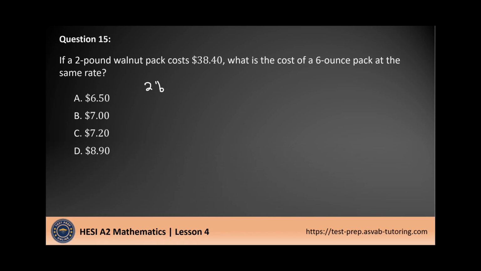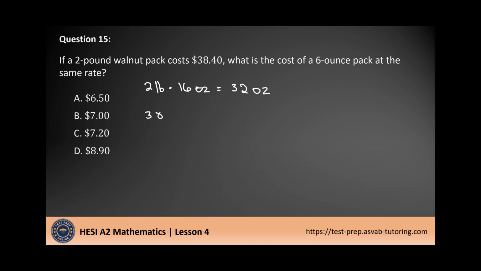So 2 pounds. We know each pound equals 16 ounces. Therefore, 2 pounds is going to equal 32 ounces. Now we can find out how many dollars each ounce costs by dividing $38.40 by 32 ounces.